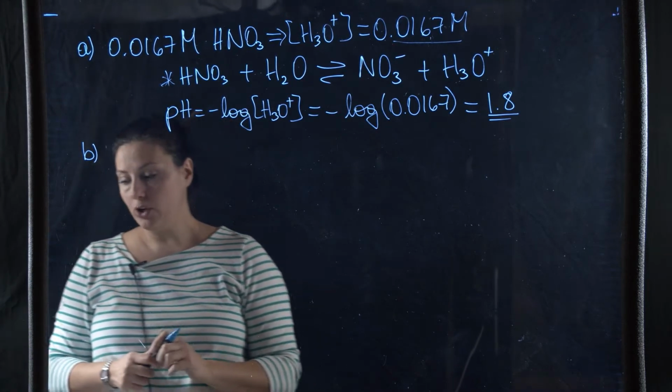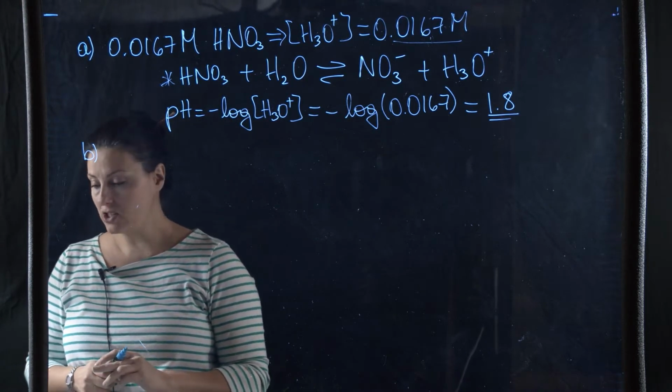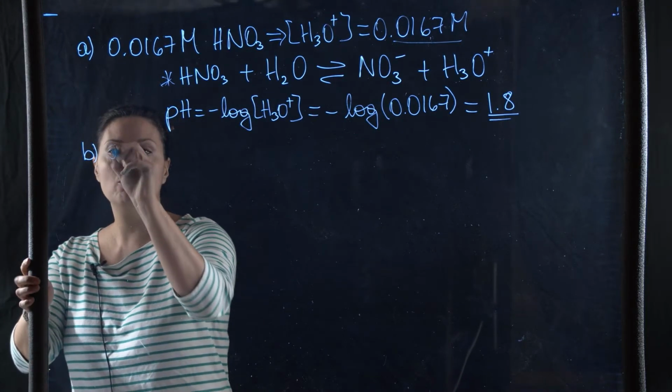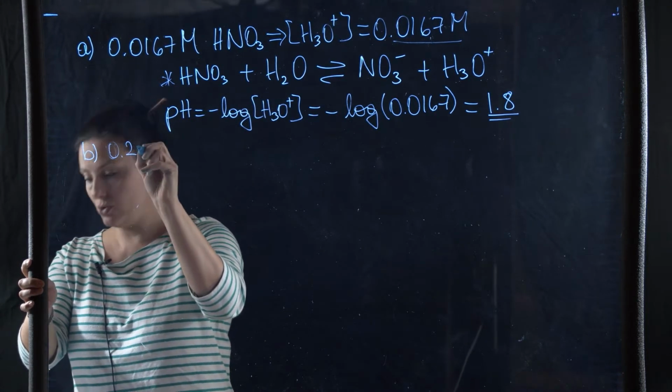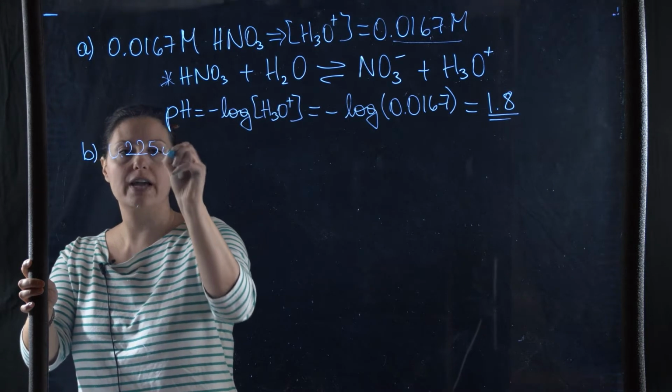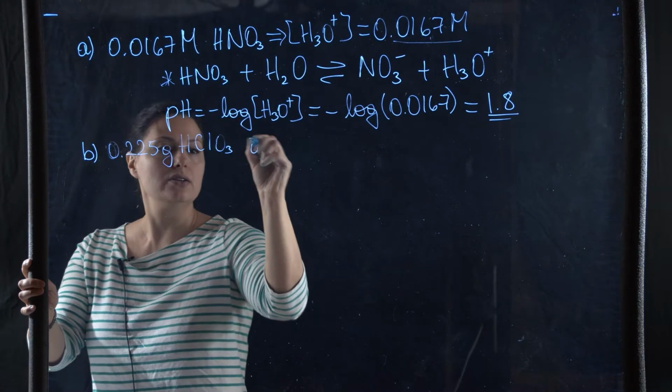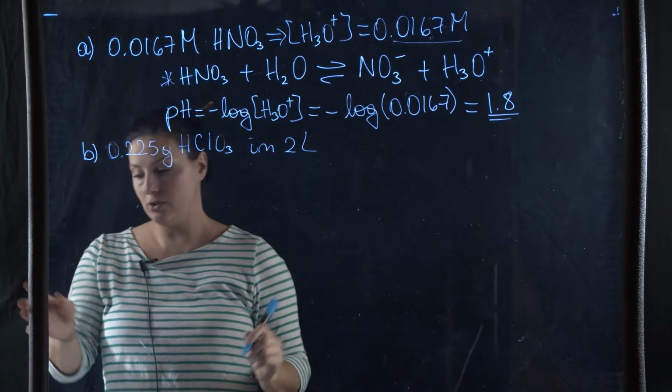I have 0.225 grams of HClO3 in a 2-liter solution. So I have 0.225 grams of HClO3 in 2 liters of solution.